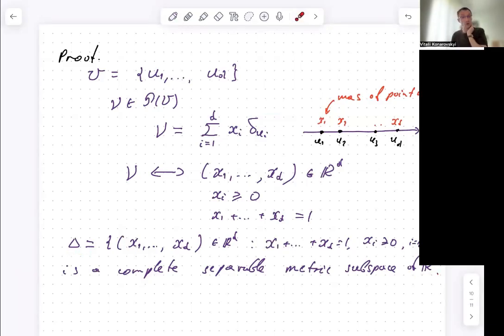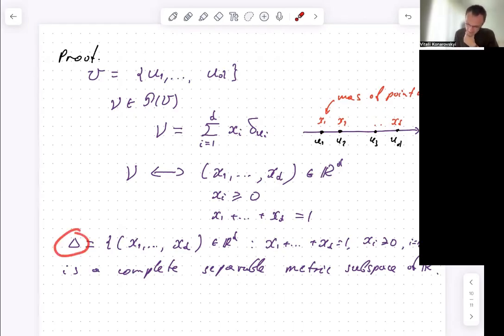For separability, you know that if you have a metric space that is a subspace of a separable metric space, then the subspace is itself separable. Therefore the separability is also clear, and it is nice because we like to work, when discussing the large deviation principle, in many cases with complete and separable metric spaces.